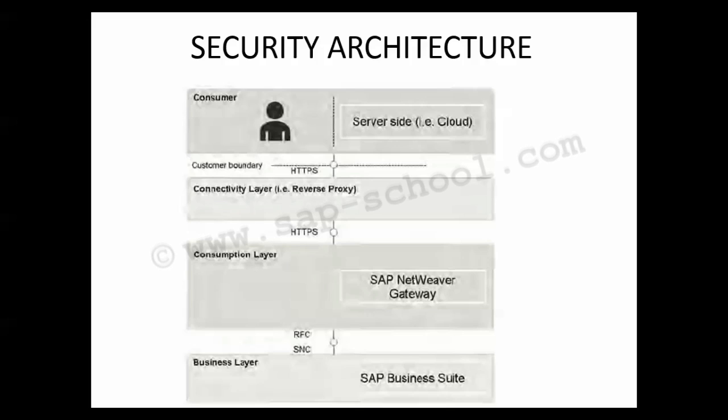Then we have the SAP NetWeaver Gateway, which is my consumption layer, and my reverse proxy will communicate with the gateway using the HTTPS protocol. Lastly we have the business layer, in which we have our SAP Business Suite. My SAP NetWeaver Gateway will communicate with the SAP Business Suite, that is my business layer, using the RFC connection and SNC.